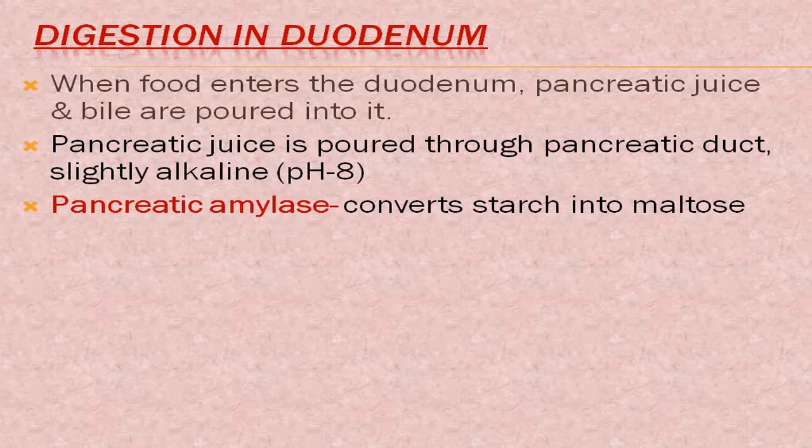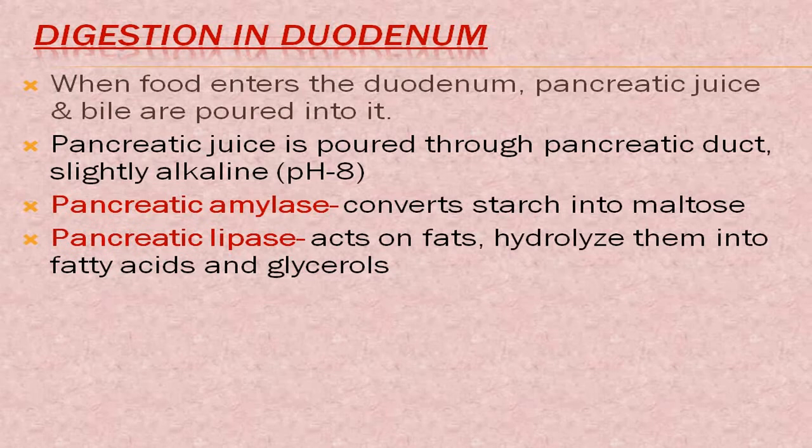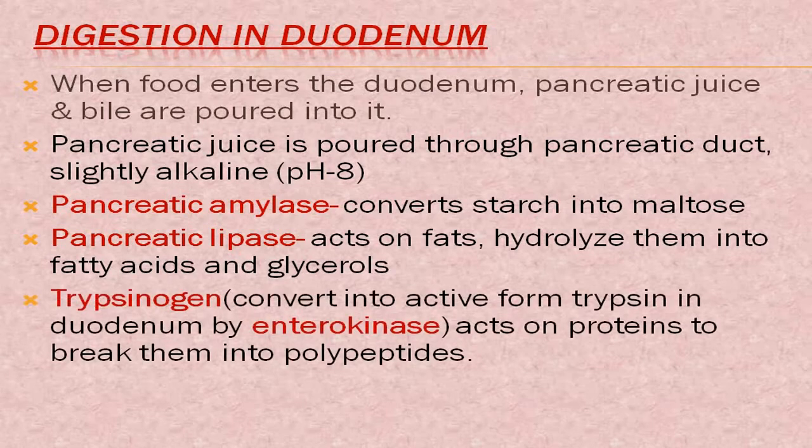Then it resumes over here in the duodenum with the help of pancreatic amylase, which converts starch into maltose. Another enzyme is pancreatic lipase. Lipase means fat digesting enzyme. It hydrolyzes fats into fatty acids and glycerol.